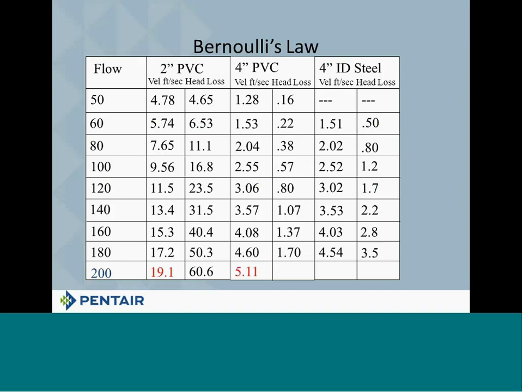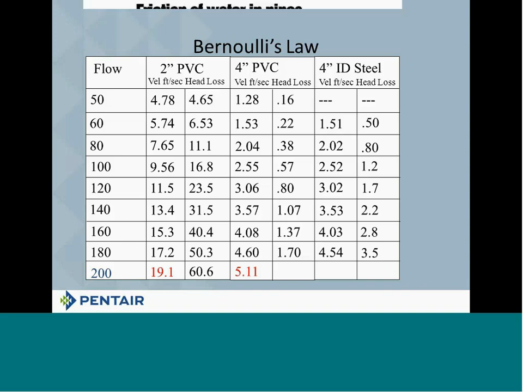All right? Now, the pipe size for steel pipe and PVC, Schedule 40, the ID is the same. And that's very important that you understand that. The ID is the same for Schedule 40 PVC and steel pipe.